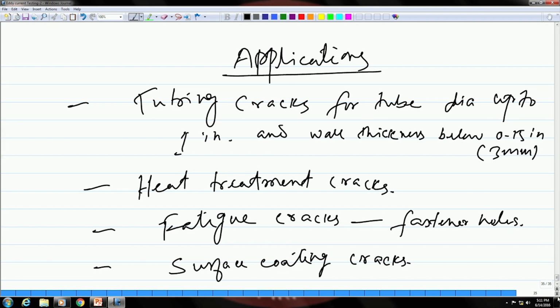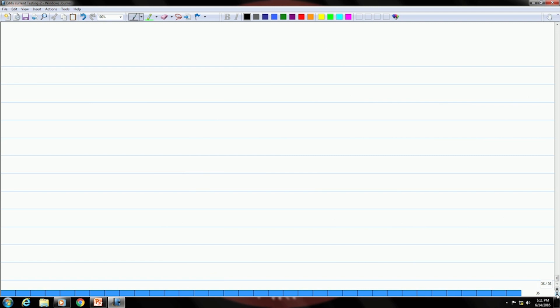Finally, one more we have on this, which is material thinning. This technique is very useful for this also.